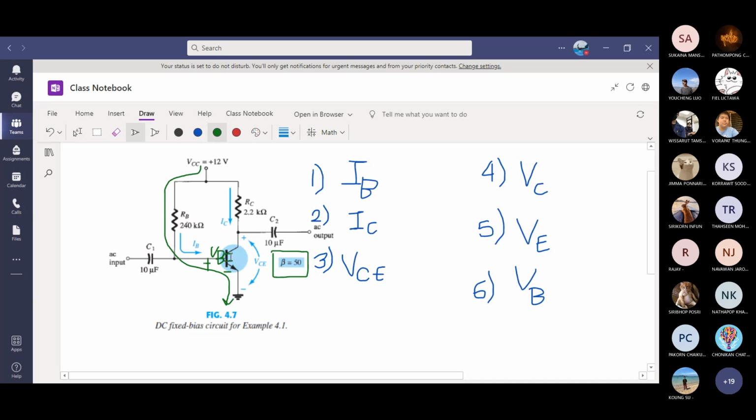We assume it's a silicon transistor, so the value is 0.7 volt. What would be the value of IB using this KVL loop?